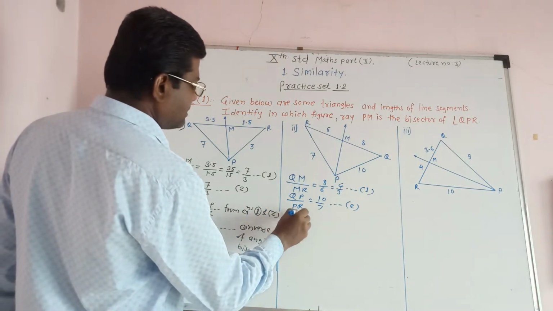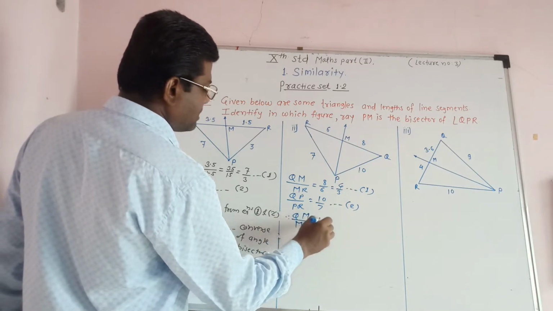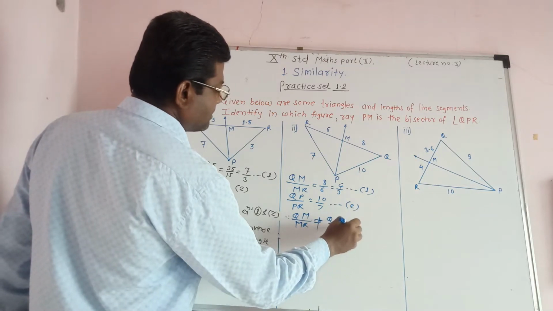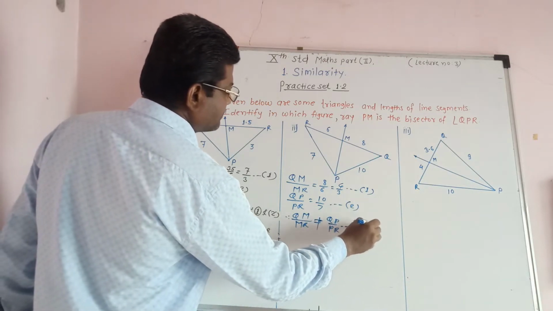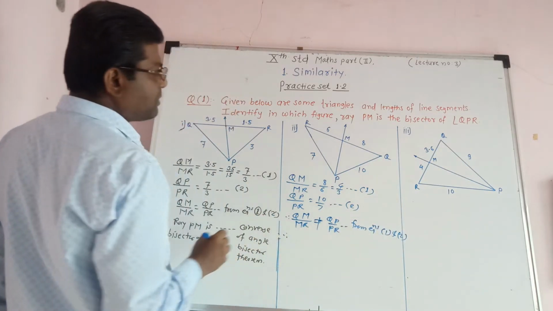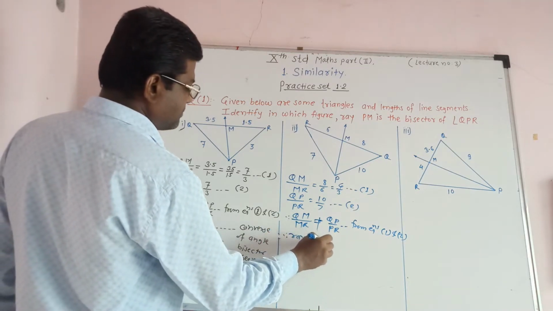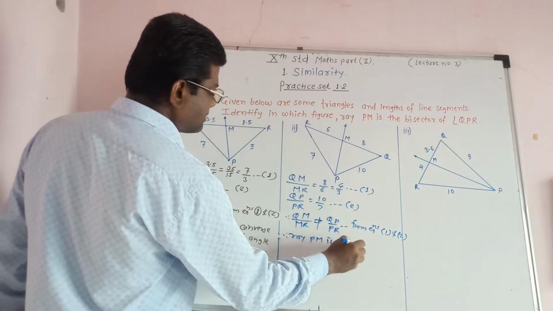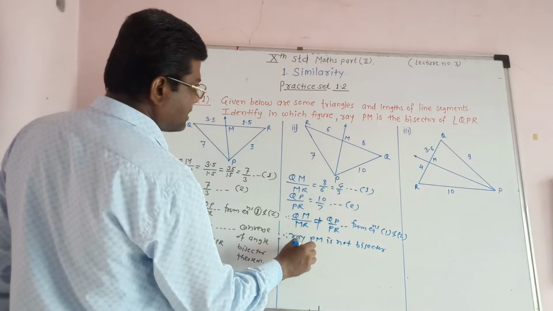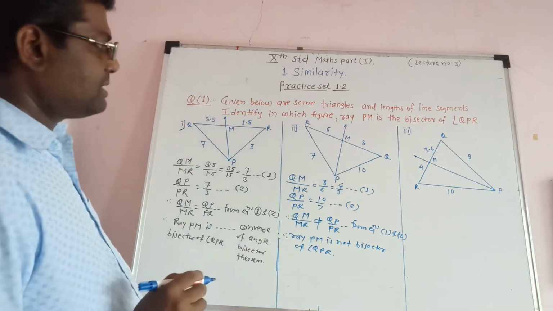Therefore we write QM upon MR not equal to QP upon PR from equations 1 and 2. Therefore ray PM is not the bisector of angle QPR.